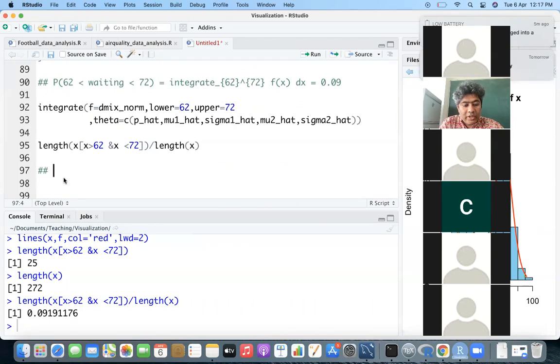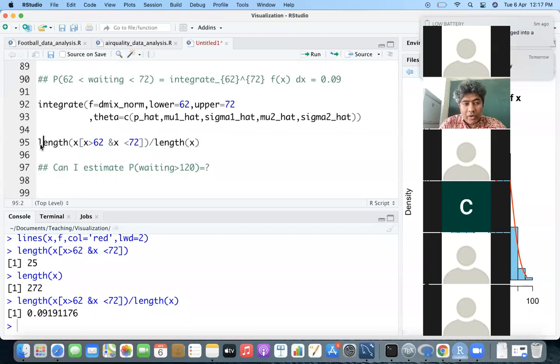Really, can I estimate that I have to wait for more than 100 minutes, almost, or 120 minutes, or 2 hours, more than 2 hours, to watch the geyser going up? Can I estimate this probability that waiting is more than 2 hours, waiting greater than 120 minutes?